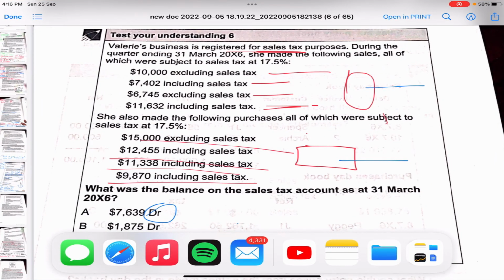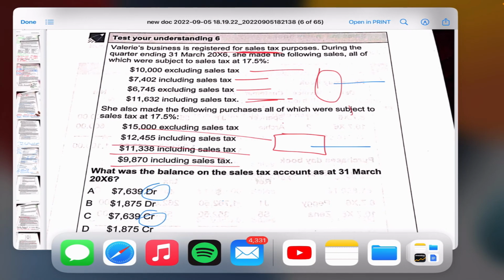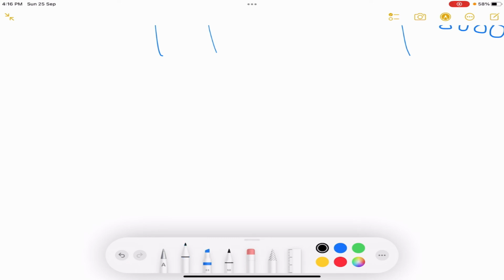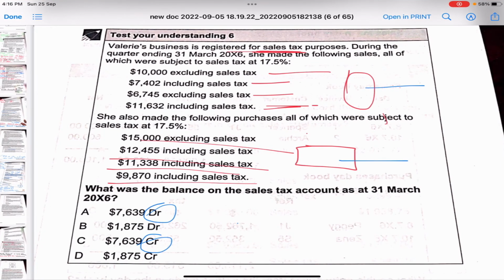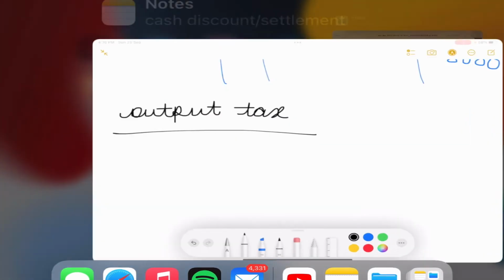Fine, so for purchases and for sales. Okay, let's just do the output tax first. Let us first do the output tax. What is output tax? Output tax is the tax on sales. So the rate is 17.5%.